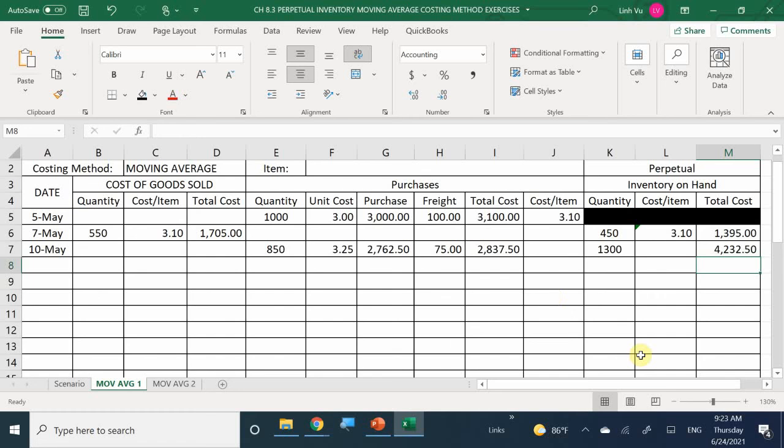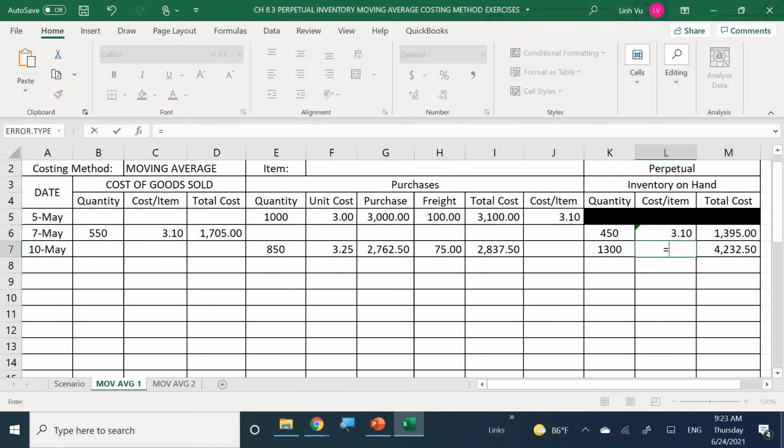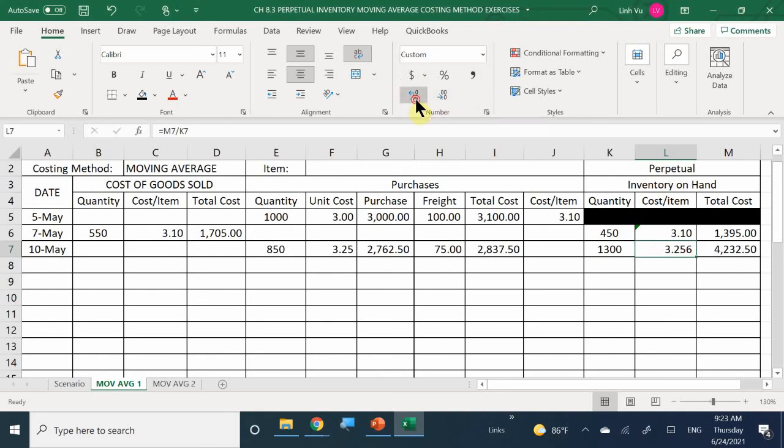So in this case, since I have a new total cost of $4,232.50 and a new quantity of 1,300, what is going to be my new average cost per item? 3.2557. Okay, so this one is going to be unrounded.